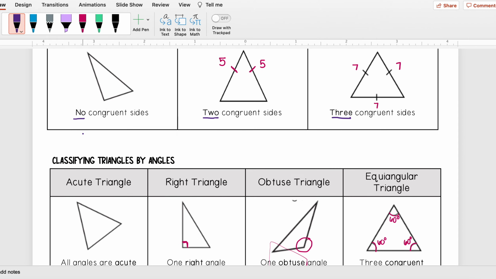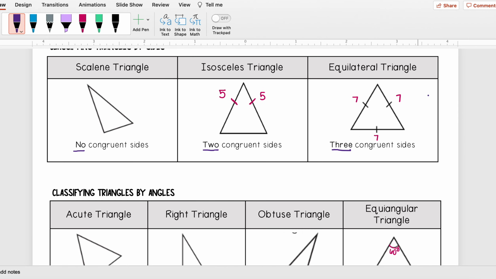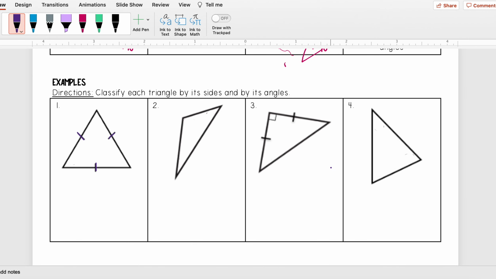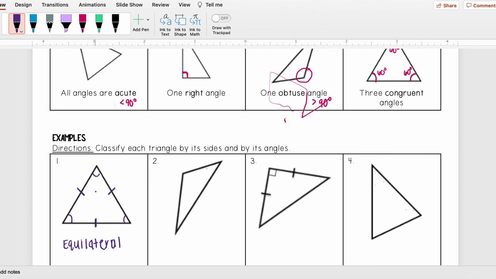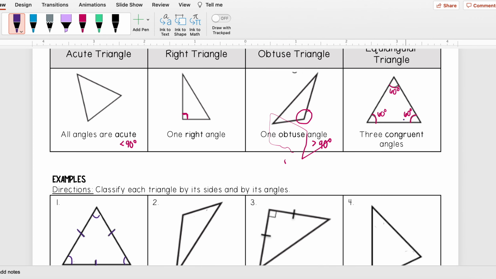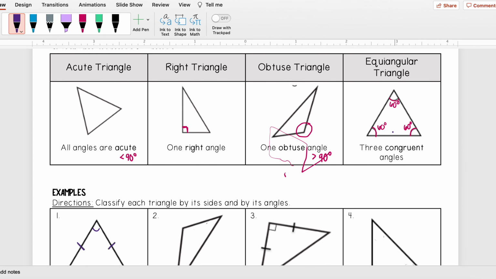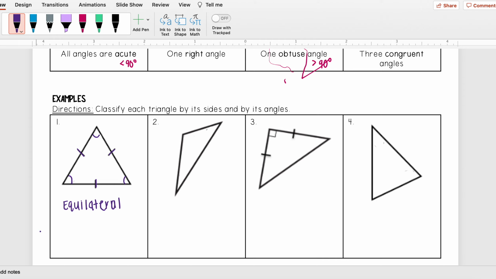So that means it's going to be an equilateral triangle. I'm going to say equilateral. And something that we're going to learn later on is that for equilateral triangles, all of the angles are also congruent. And since all the angles are congruent, that's going to be my equiangular. So this is an equilateral equiangular triangle.